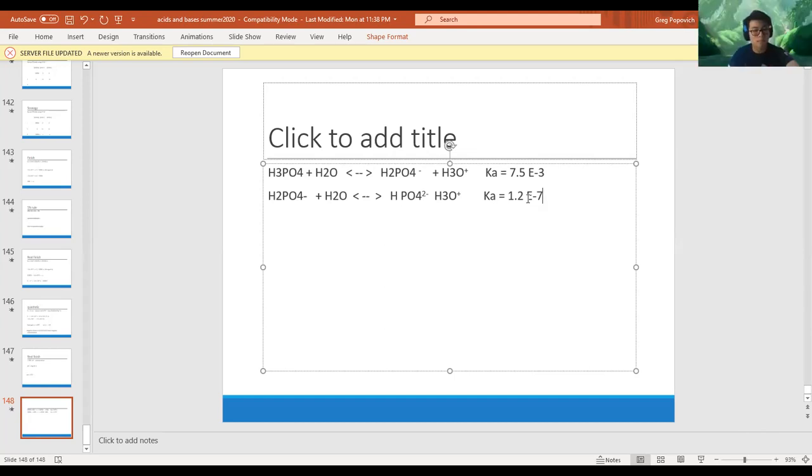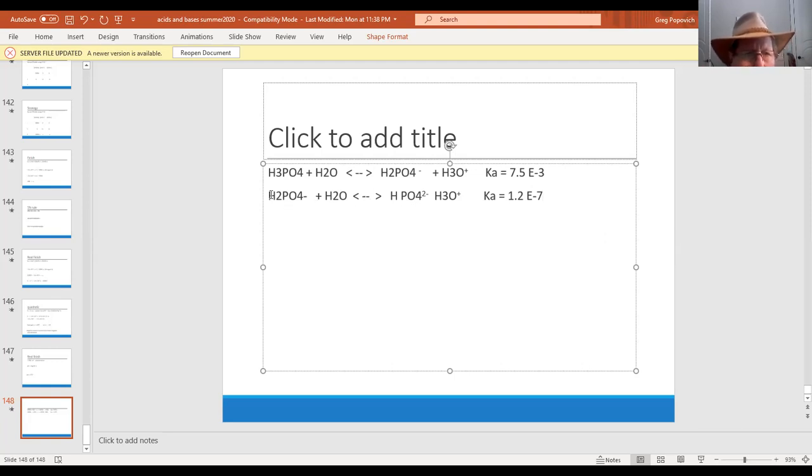All right, second point. Isn't the first one producing H3O plus? Yes, a whole bunch of H3O plus in comparison with the bottom one. So if you have H3O plus, isn't that going to shift the equilibrium of the bottom one to the left? There are 2 factors that go on here.